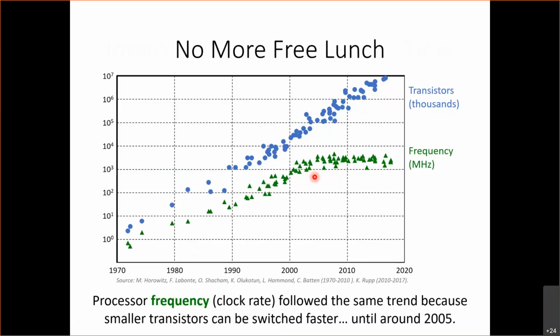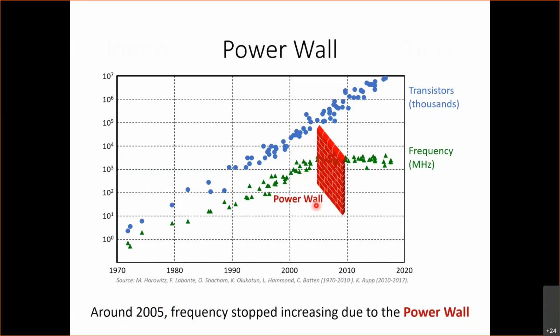Okay, great. The problem is that even though the transistors kept getting smaller and smaller, around 2005 we were no longer able to switch these transistors on and off faster, and the reason is the power wall. The reason we were no longer able to switch transistors on and off more quickly is because of power.